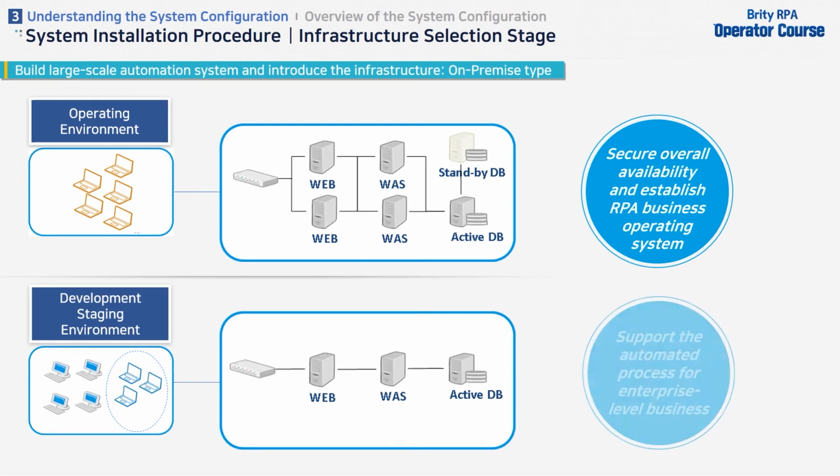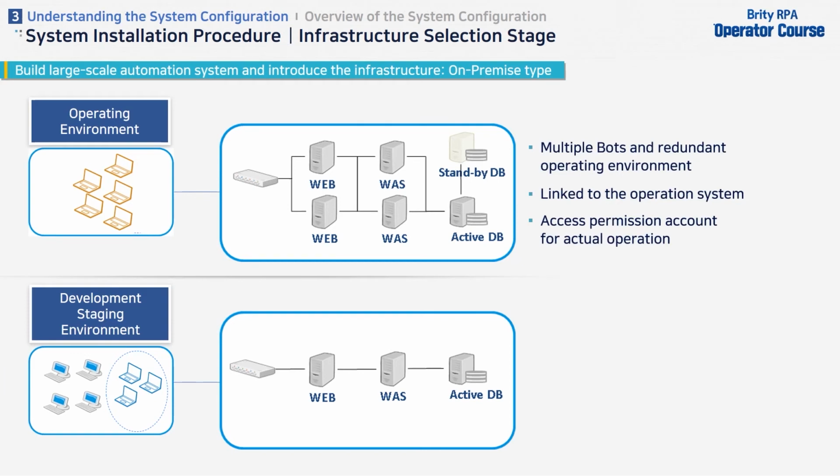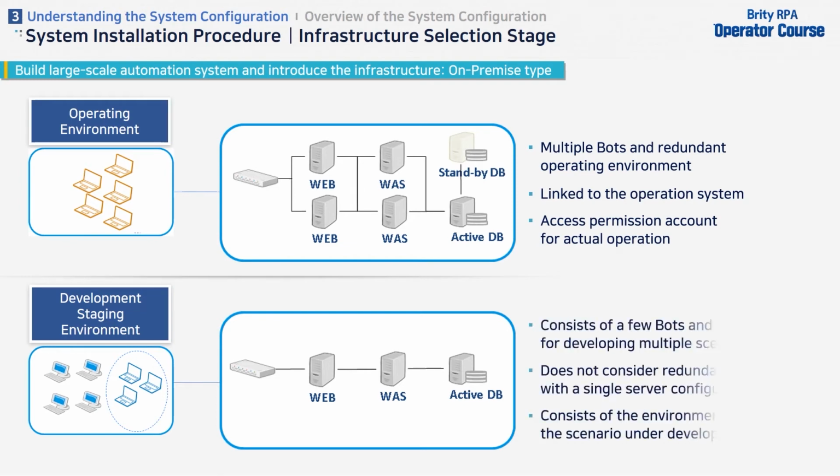In addition, compose a system operation role and an automation support organization to support the automation process of the enterprise-level business. The operating environment consists of multiple bots and a redundant environment to separate access permissions for actual operation. Also, the development and staging environment provides an environment for developers to develop and test the scenarios.